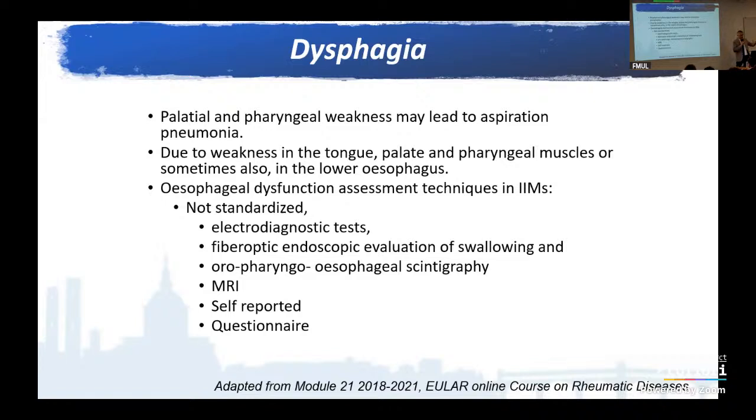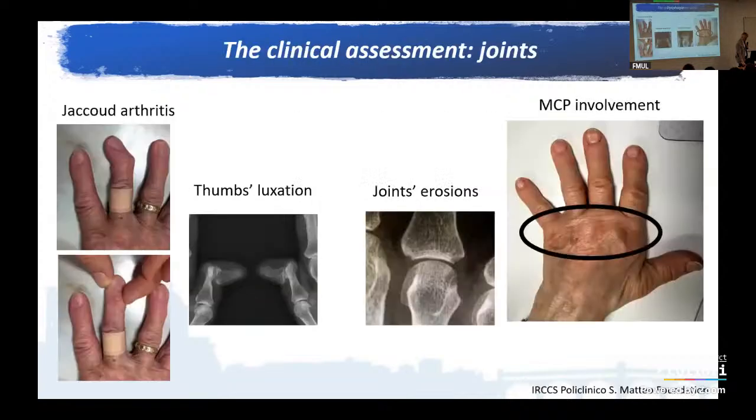It's not easy to perform. Maybe I could ask for a fiberoptic endoscopic evaluation of swallowing. Maybe I could ask for scintigraphy, or MRI, but there is no agreement in the medical community about the tool that should be used. We are generally using fiberoptic endoscopy in our center because we have a very, very strong specialist.